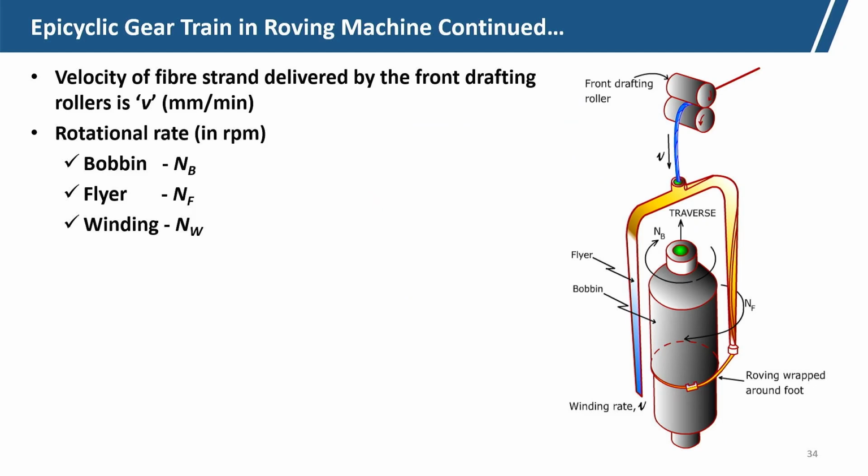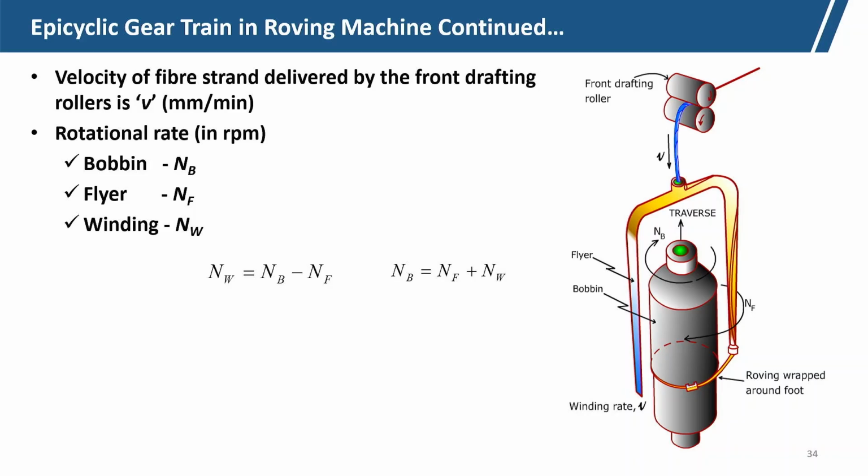Now, the velocity of fiber strand delivered by the front roller speed is V millimeter per minute, and rotational rate is in RPM. So, bobbin speed NB and flyer speed NF, winding speed are related in this fashion.